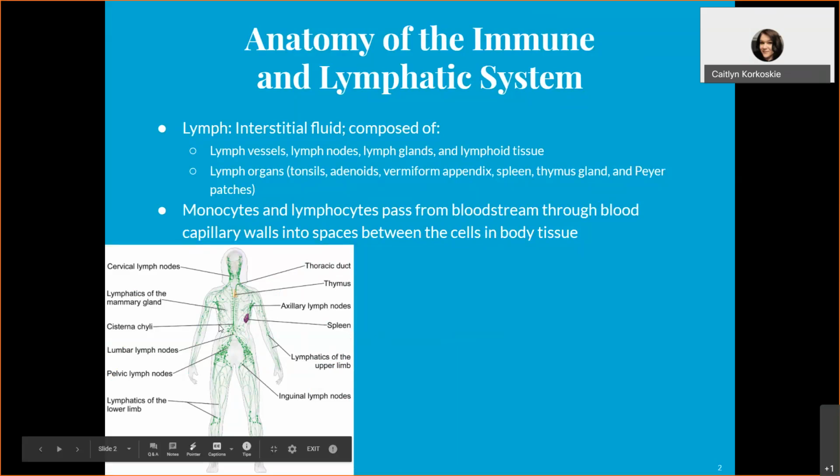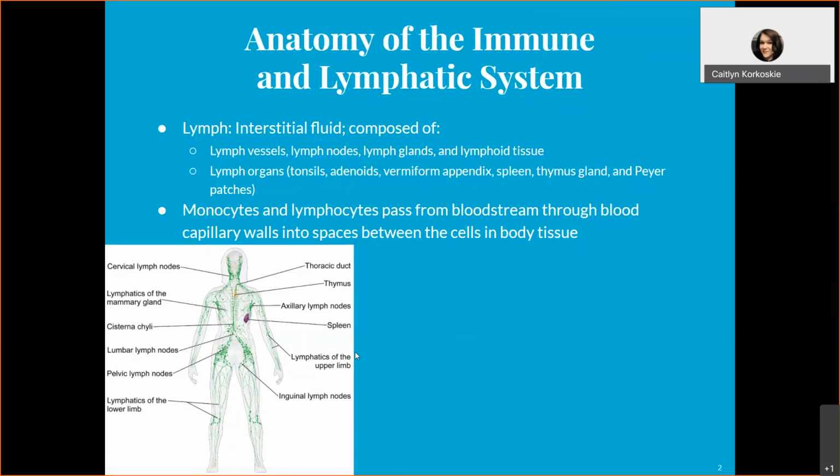So this is where you have all of these different lymph nodes, glands, all of that kind of stuff. A lot of people don't know you even have lymph nodes in your intestines too. So if you get a stomach bug, then your lymph nodes in your intestines swell as well, so that way it can help get rid of whatever virus it is that's causing you to have that stomach bug.